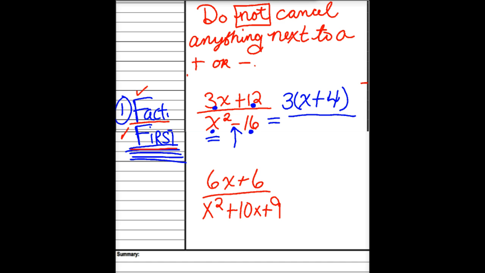That's x times x, and this is 4 times 4. So remember from a couple chapters ago that differences of squares break up into samers, samers, and opposite signs. Now that it's factored, I can cancel, and I end up with 3 divided by x minus 4.